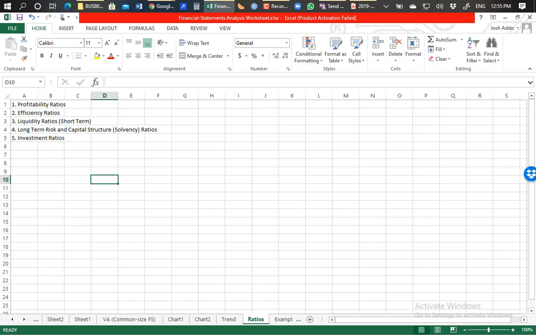Another instance where that kind of analysis becomes very useful is where we are comparing two identical companies. It's not the same company; what we did is for the same company.